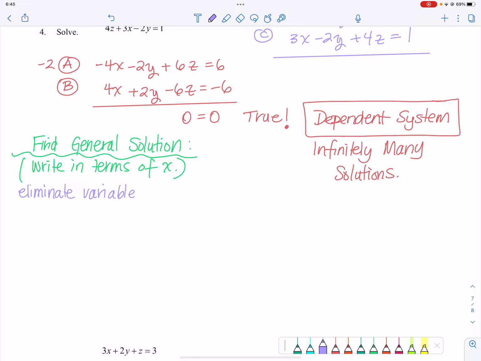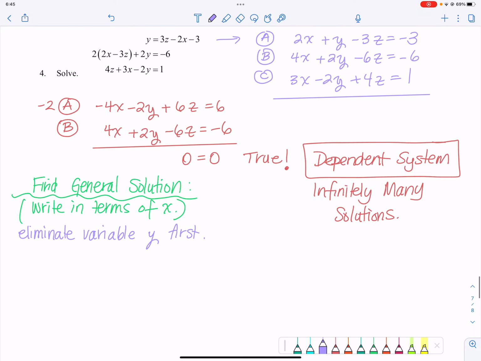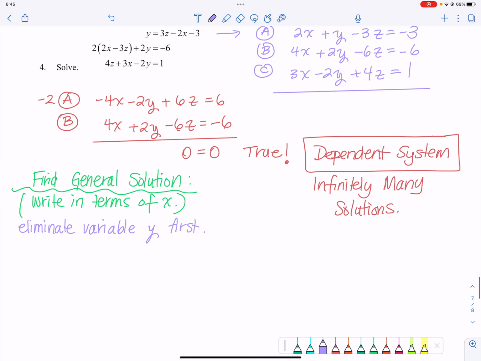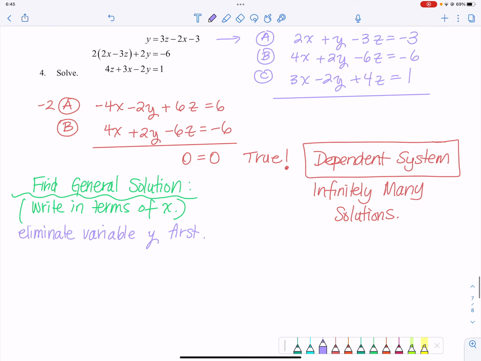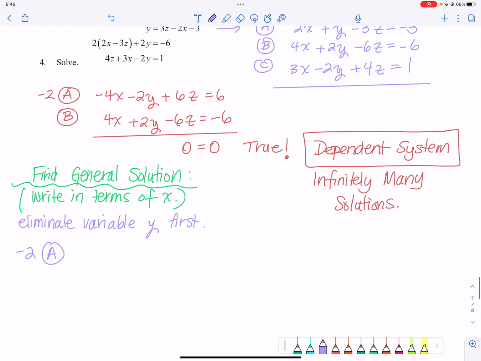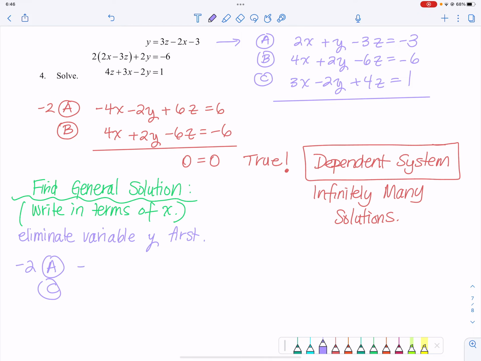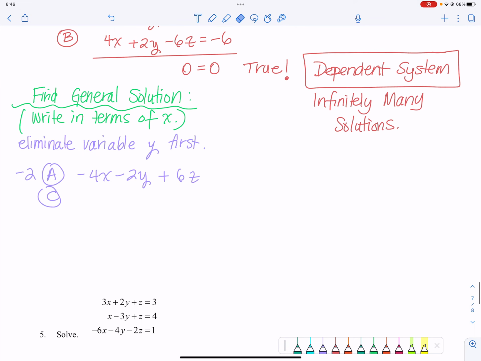And we could do that through equations A and C. We could do that by multiplying A by negative 2 and adding that to C. So we would have a negative 4x minus 2y plus 6z. I'm going to have to write this a little bit neater.